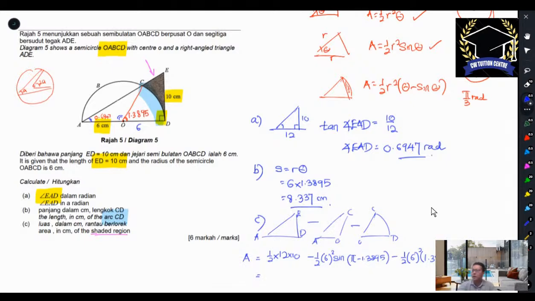Okay, let's press calculator. 60 minus 0.5 times 36 times sine of pi. Pi, are we using 3.142? They never mention it, so I will use the calculator. Pi minus 1.3895, and then minus 0.5 times 36 times 1.3895.